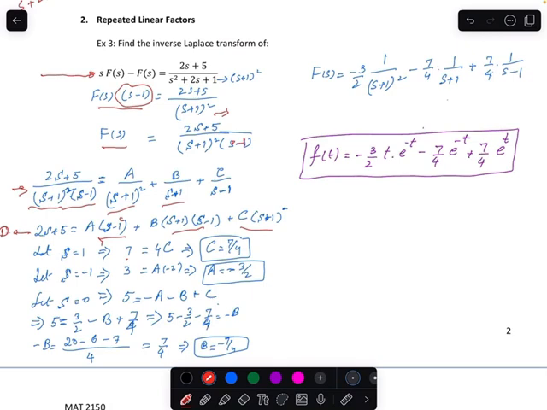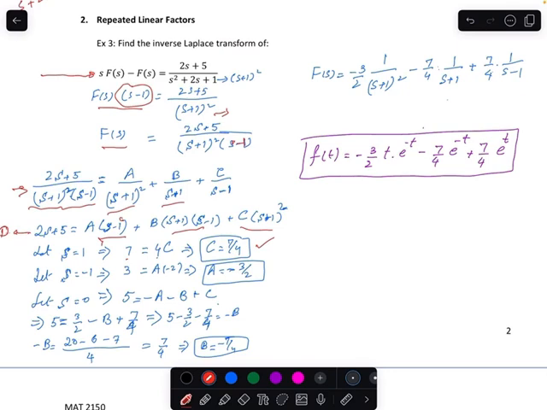But there was a square on top here, so we get 2 squared c, which gives us 4c. So we have 7 is equal to 4c, or c is equal to 7 over 4. Now we plug s is equal to -1. The term which has c in it is going to become 0, and the term with b is 0.